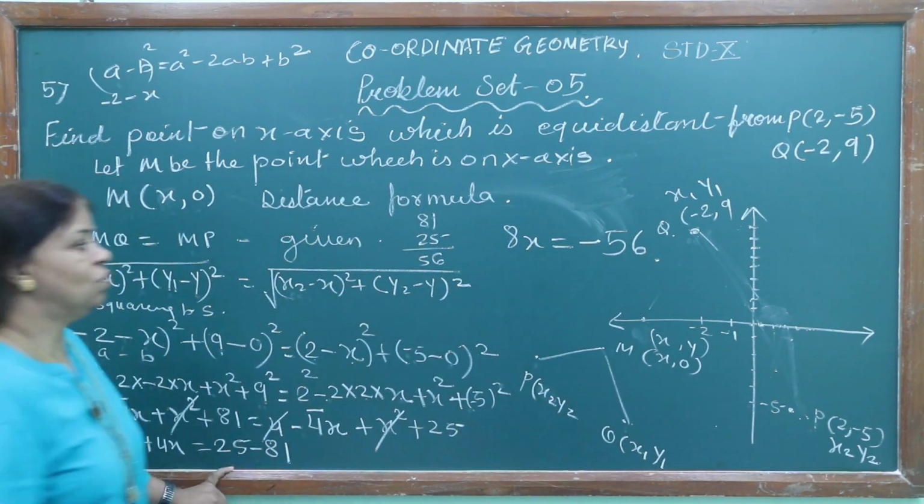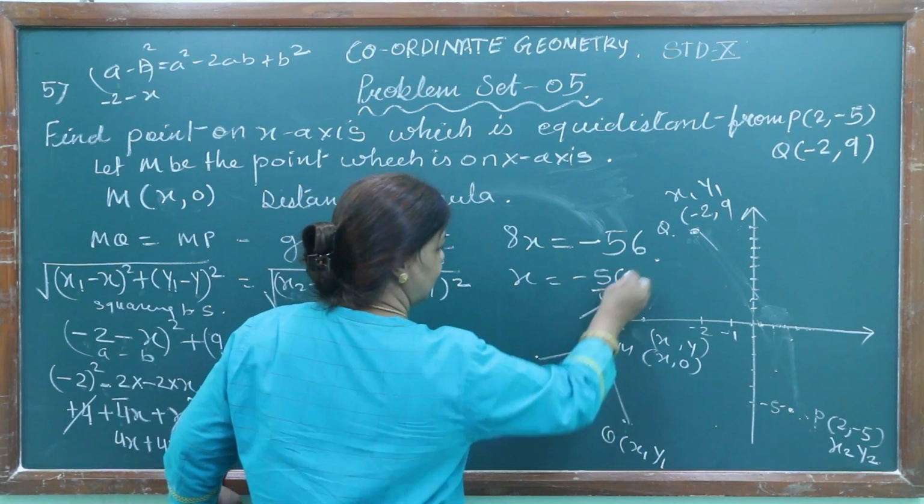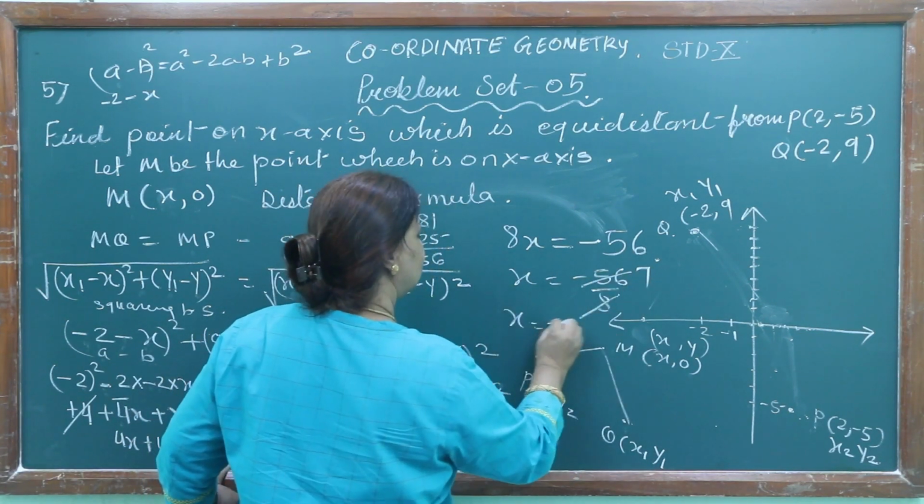Now x will be equal to minus 56 upon 8. 8 sevens are 56, so x is equal to minus 7.